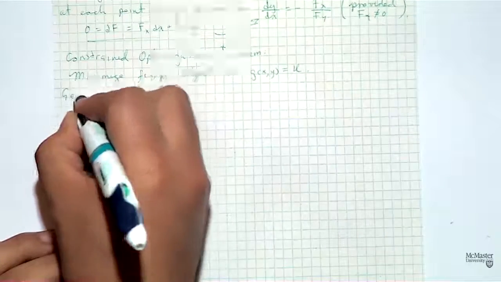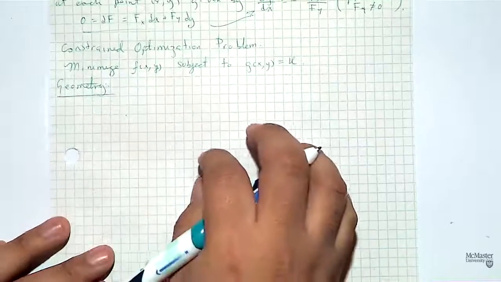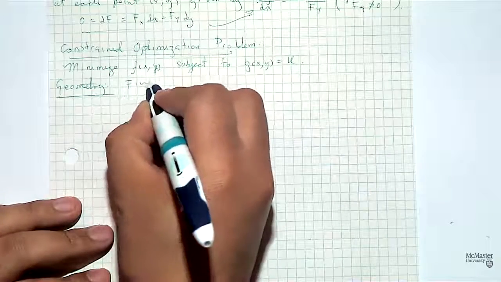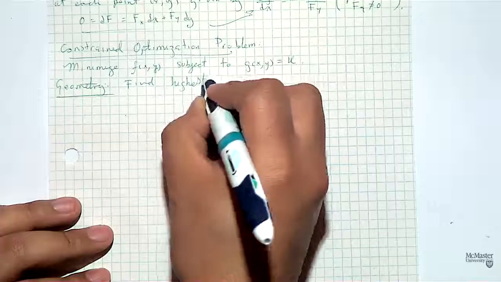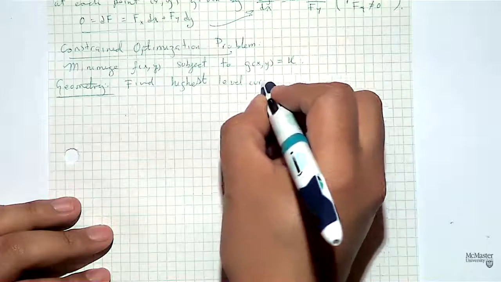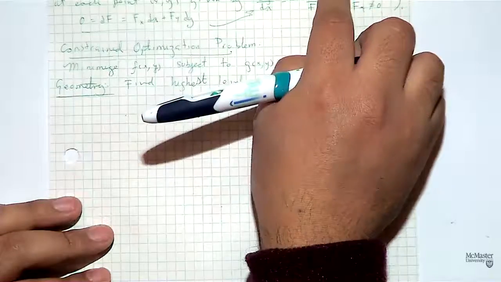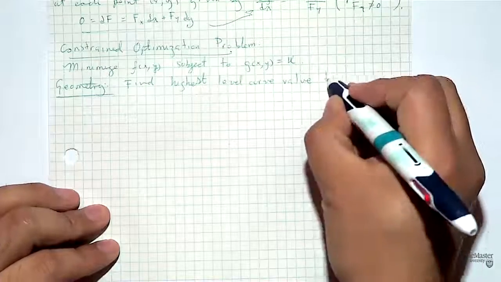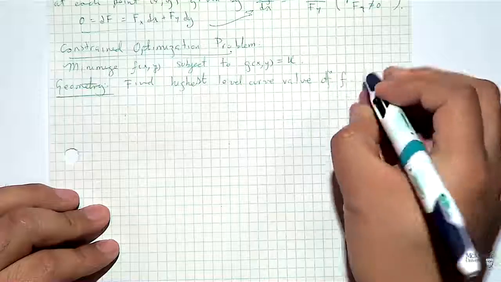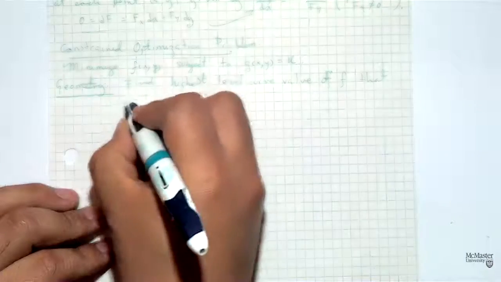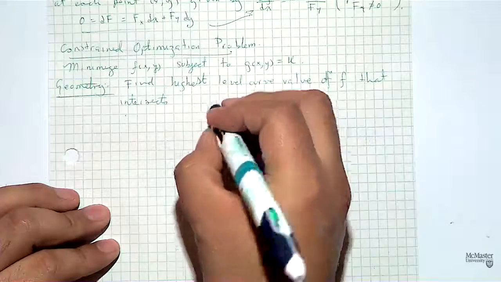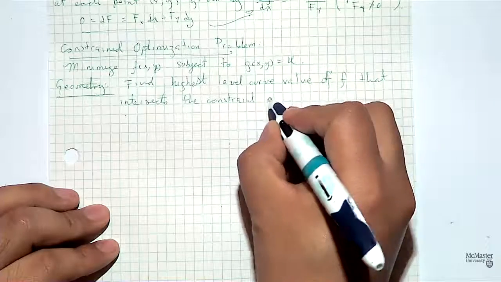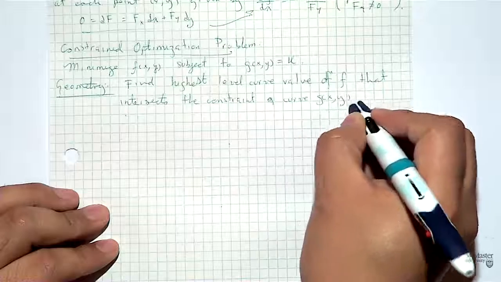And again, geometrically, the argument for constrained optimization with Lagrange multipliers is to find the highest level curve value, so basically the highest value of c if you want to maximize, or the smallest if you want to minimize, but you get my point, of the function f that intersects the constraint, that is the curve g of x y equal to k.